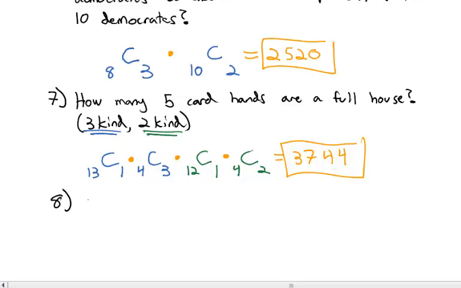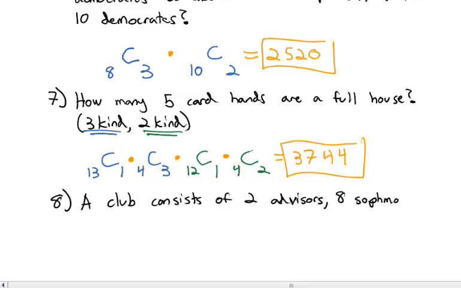Let's say a club consists of 2 advisors, 8 sophomores, and 11 freshmen.